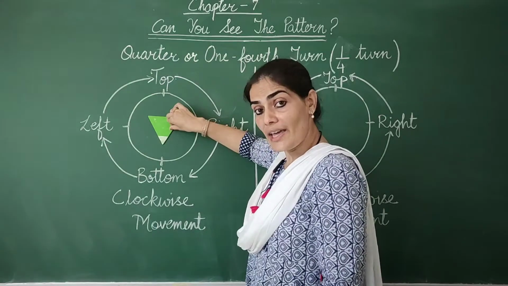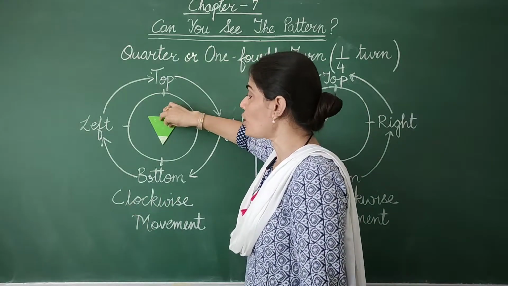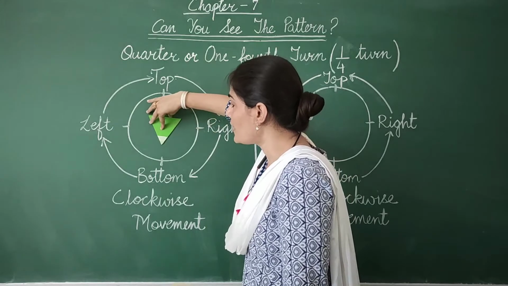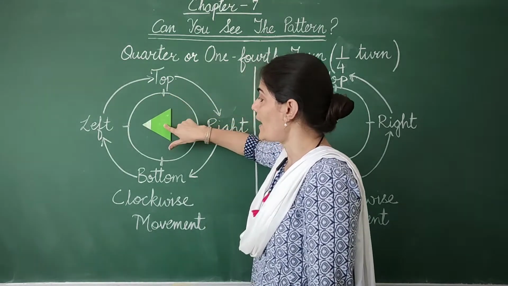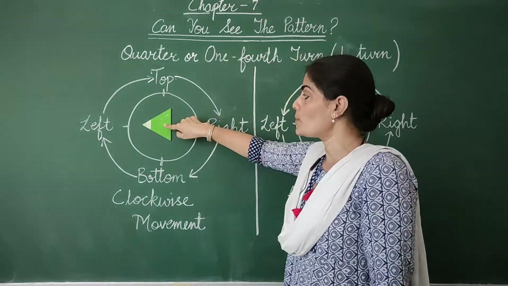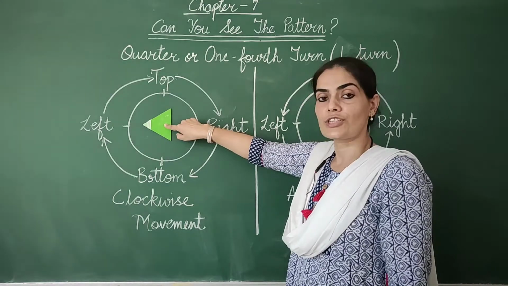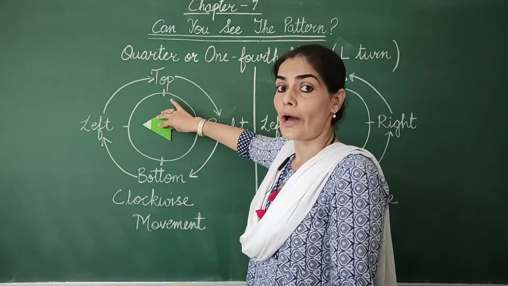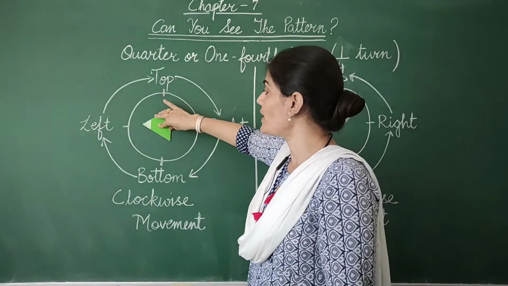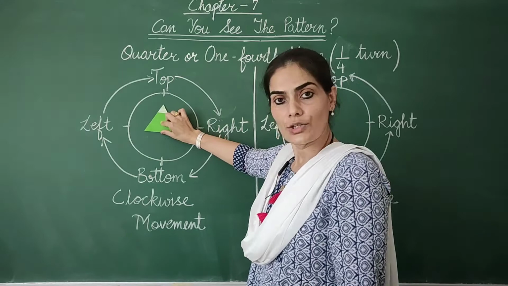Now, if I ask you to give it one more 1/4 turn clockwise, then from bottom, where will it go? It will point towards the left. And this is how the object will look after the second 1/4 turn clockwise. Now, if I ask you to give it one more 1/4 turn clockwise, where will it point? It will point towards the top.